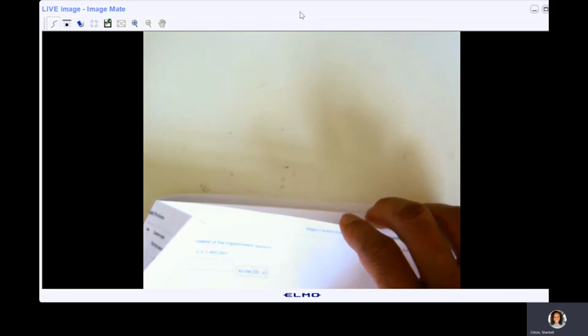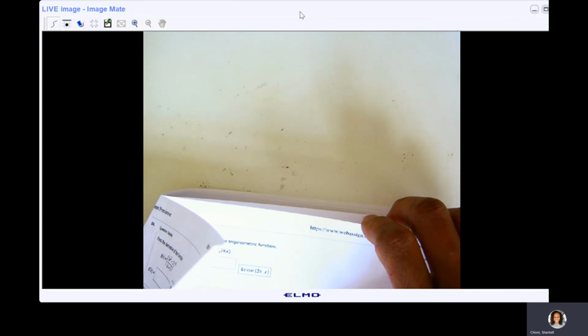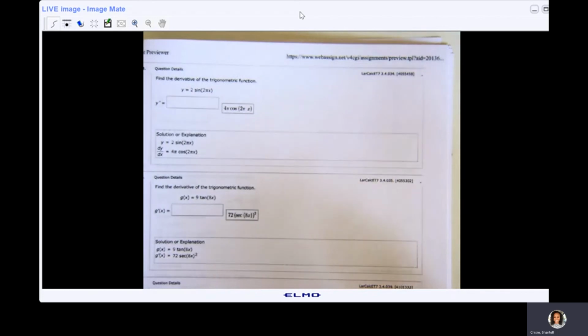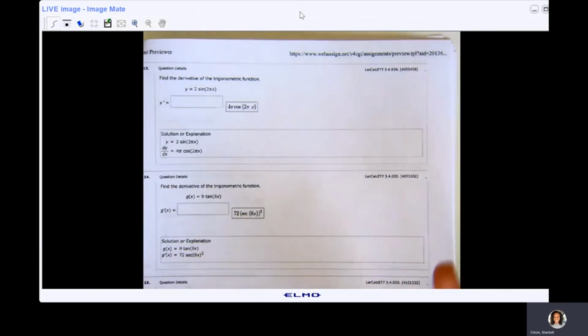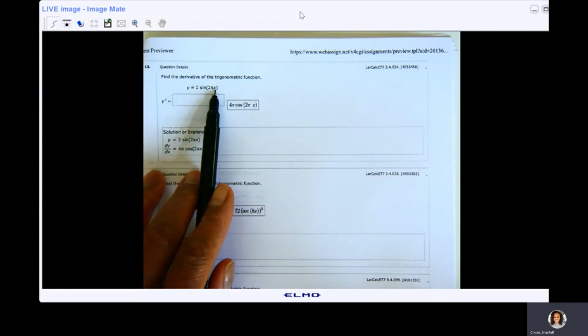Let's see here. You've got a few trig functions that you'll take the derivative of. For example, I think these might be the easier ones, honestly, because even though it's a trig function, we know the derivative of sine is cosine. So we're looking for the derivative of y, which is 2 sine of 2 pi x.